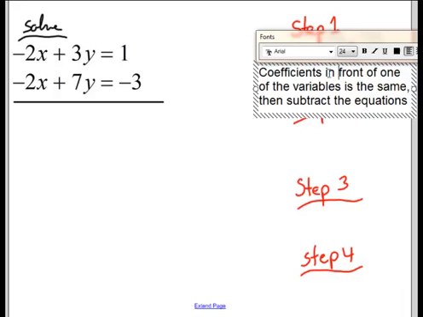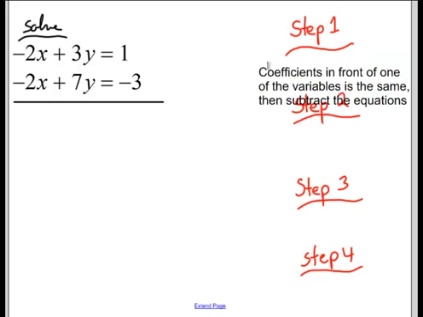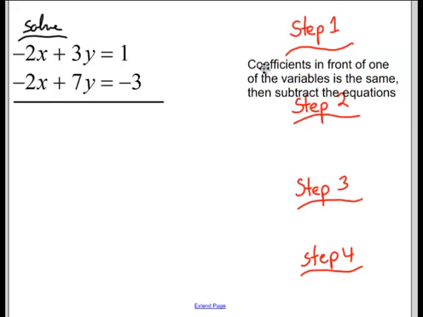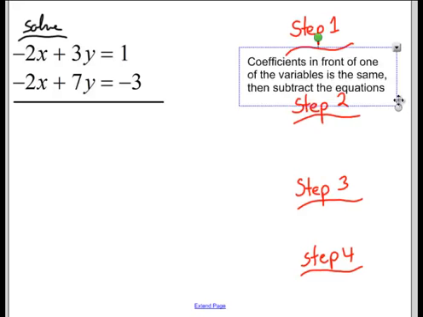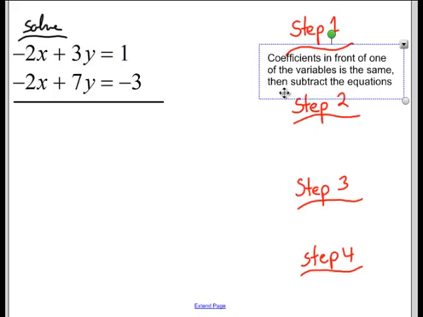So that's our step one: make sure the coefficients in front of one of the variables are the same. In this case it's the x's, and then we're going to subtract the equations.